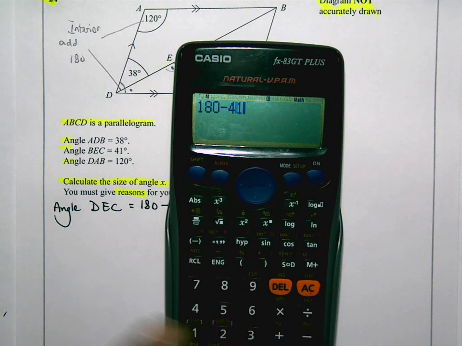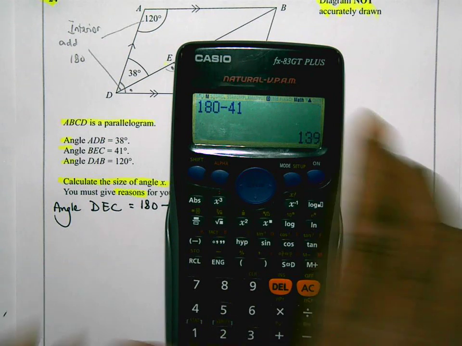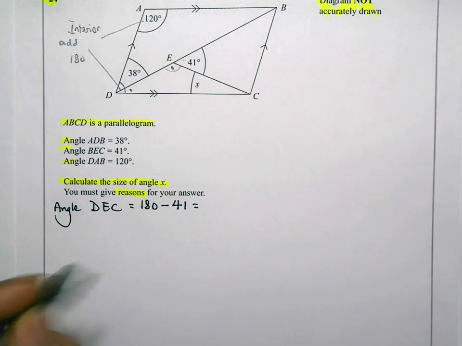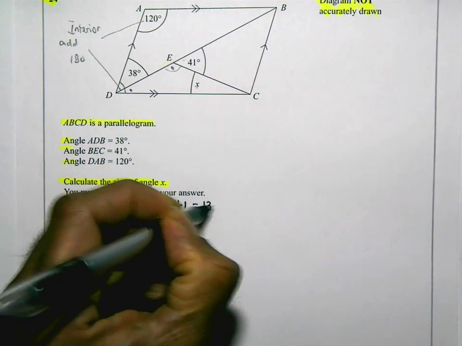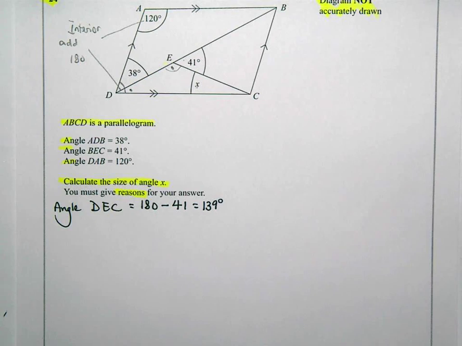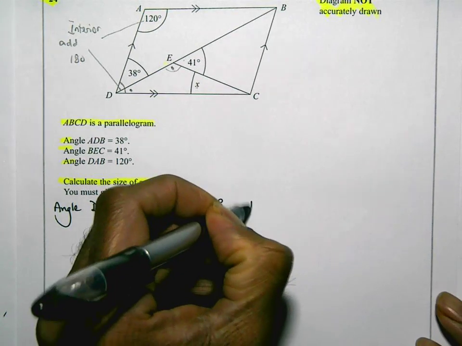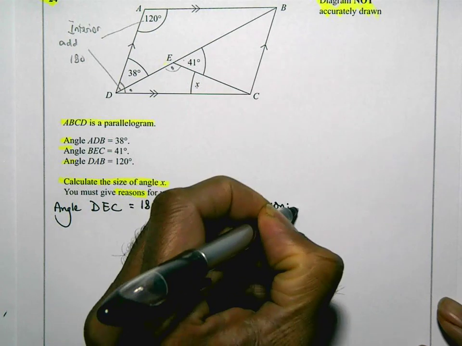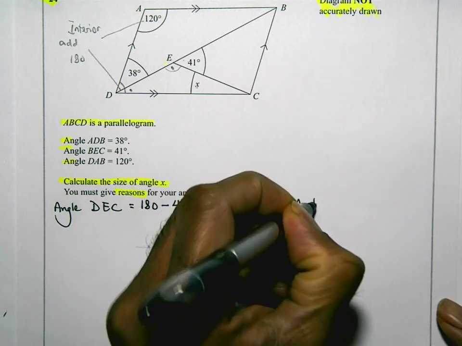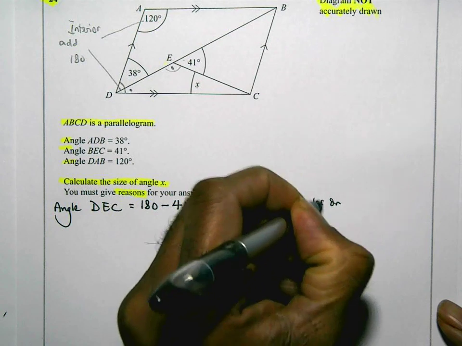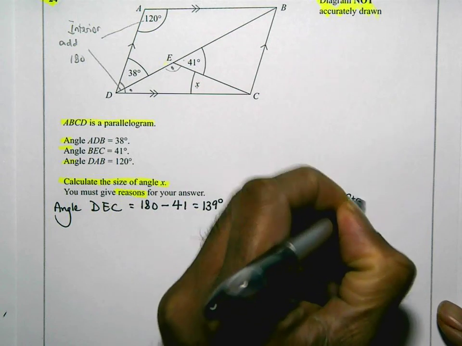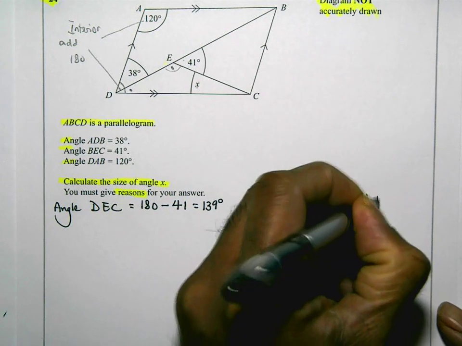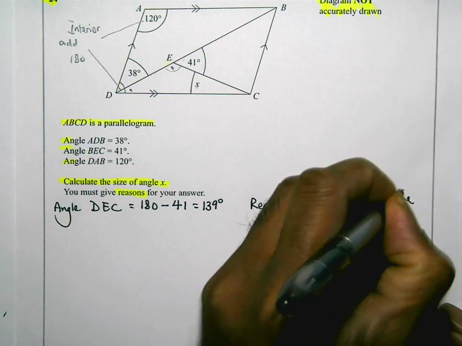And that's 139 degrees. And the reason for this is that the angles on a straight line add to 180 degrees.